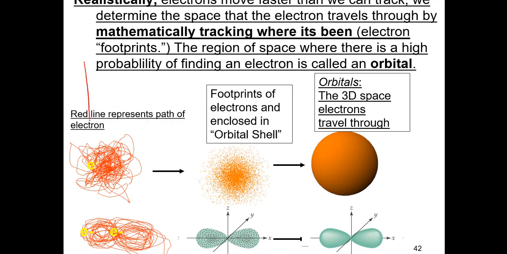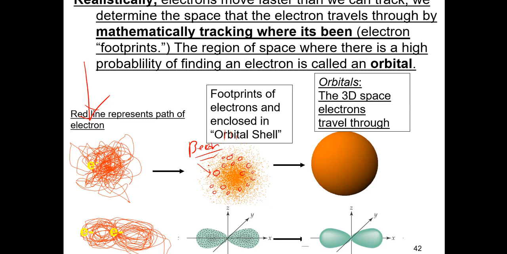So in this picture right here, it shows the erratic pattern of the electron. Now, we can't use our instruments to figure out where it's currently at, but what we can do is use a combination of instruments and math to figure out where it's been. So what you're looking at to the right are electron footprints. Every one of those little orange dots is a footprint of where the electron has been.